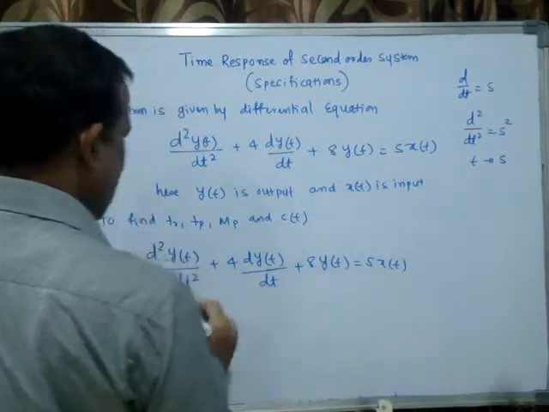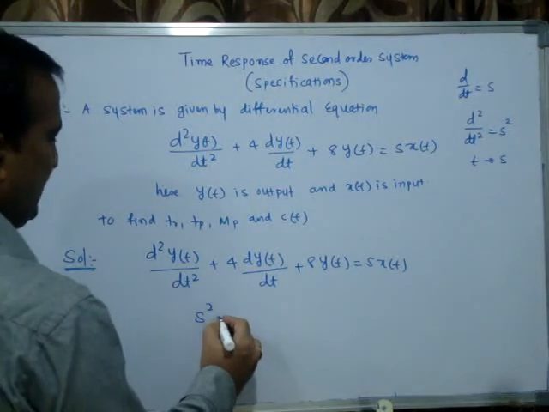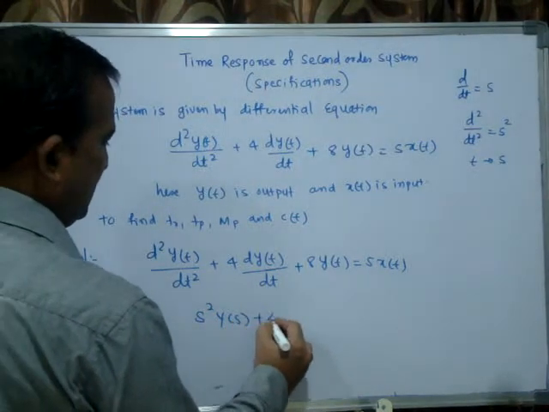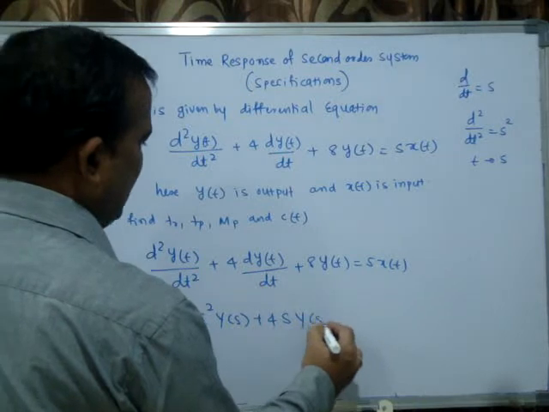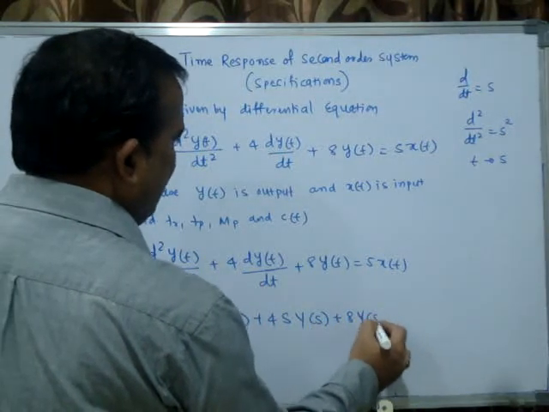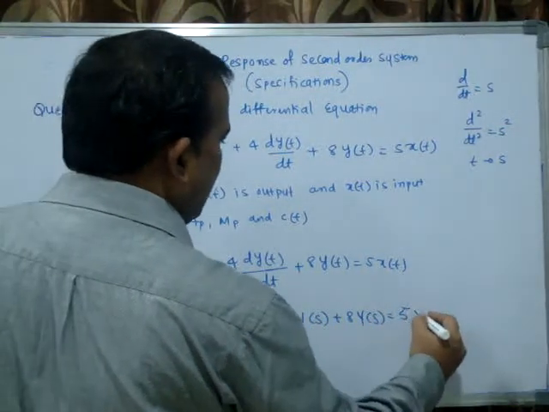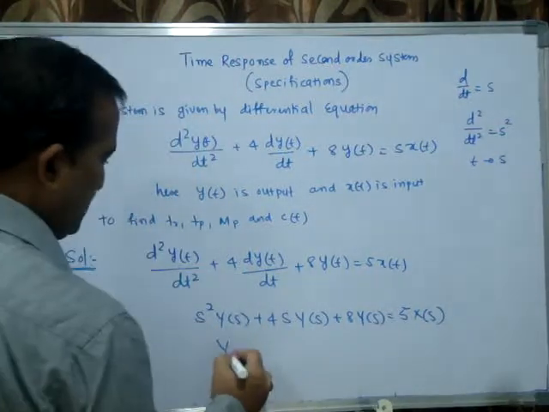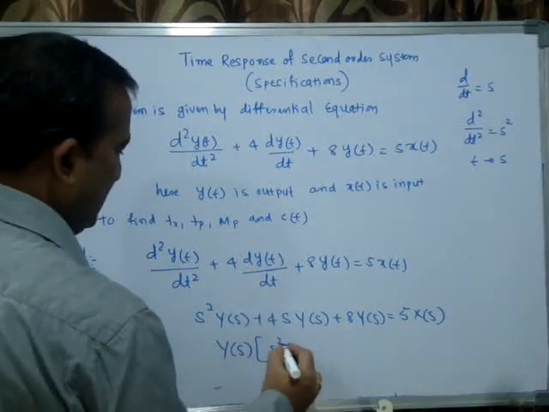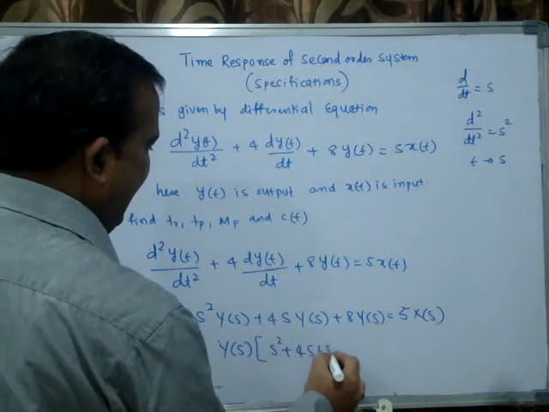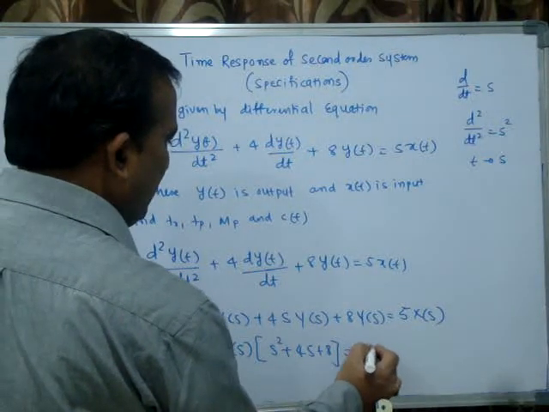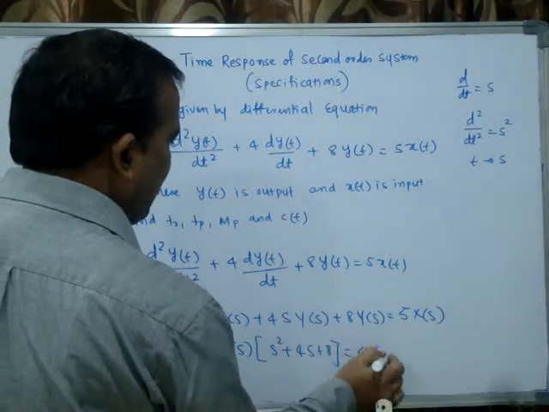Now take a Laplace transformation: s square y of s plus 4s y of s plus 8y of s equal to 5x of s. So y of s times s square plus 4s plus 8 equal to 5x of s.